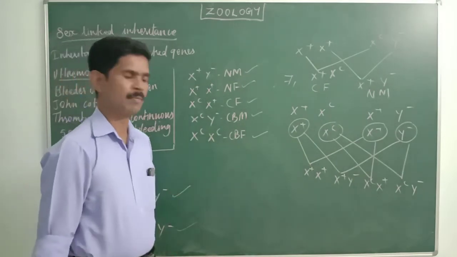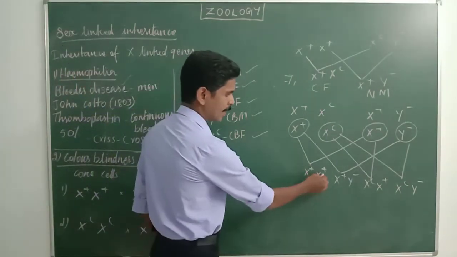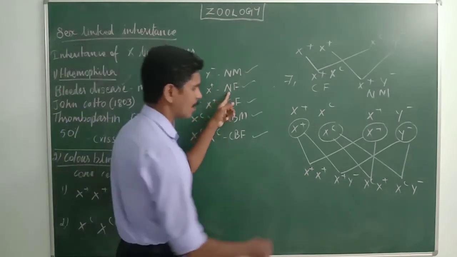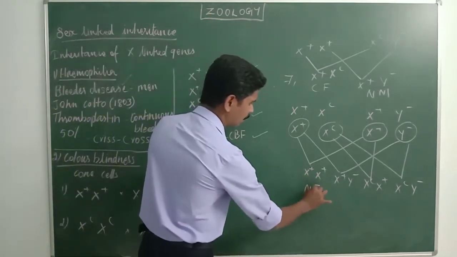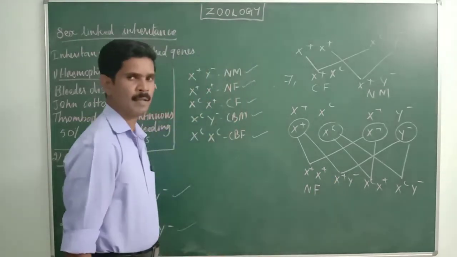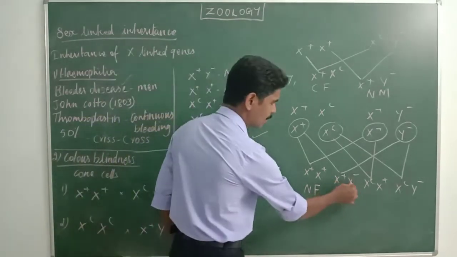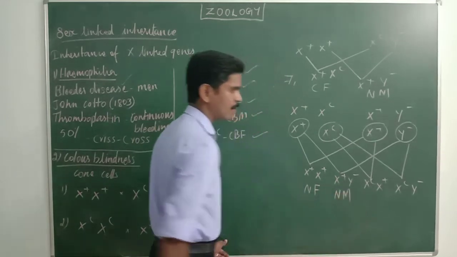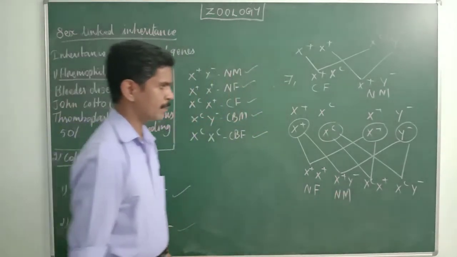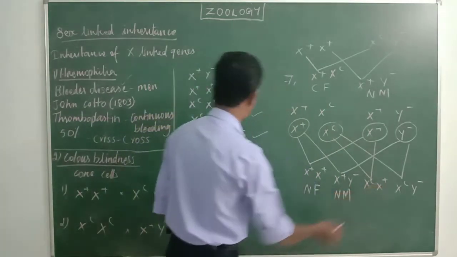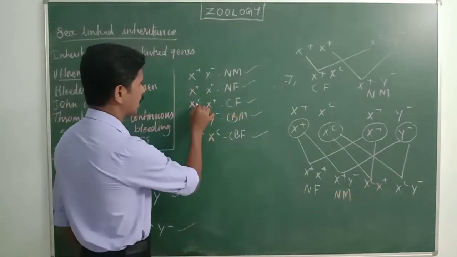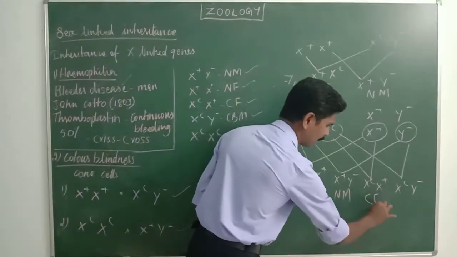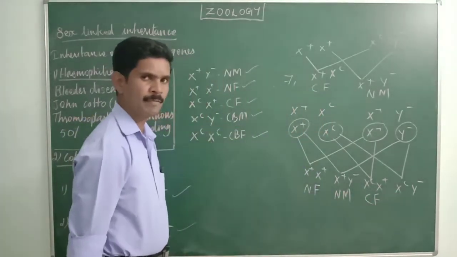Now listen very carefully, dear students. X plus X plus is a normal female. X plus Y minus is a normal male. XC X plus is a carrier female.